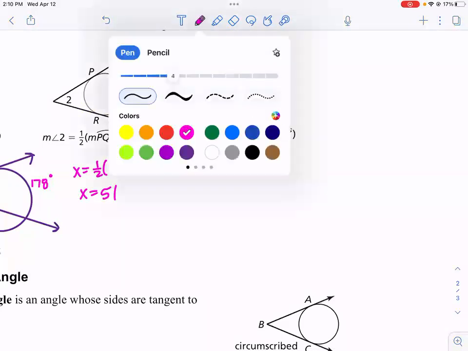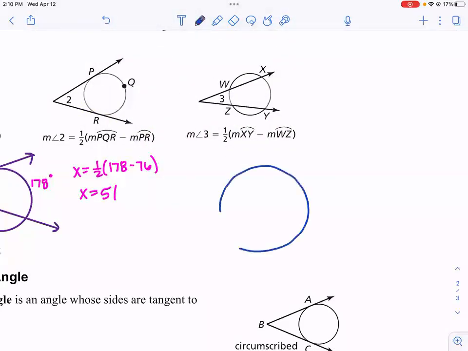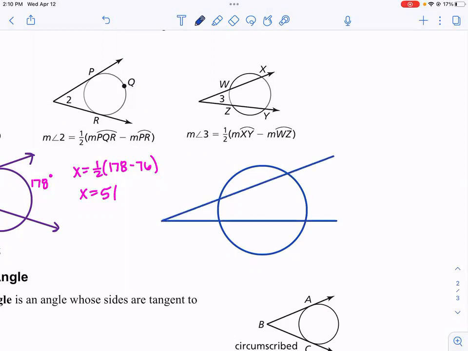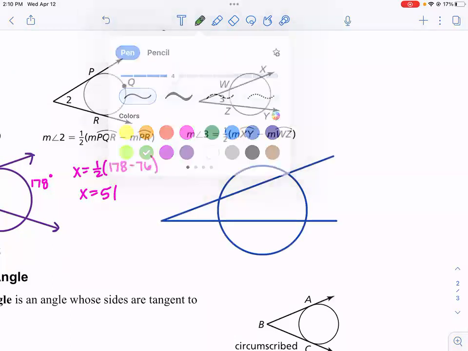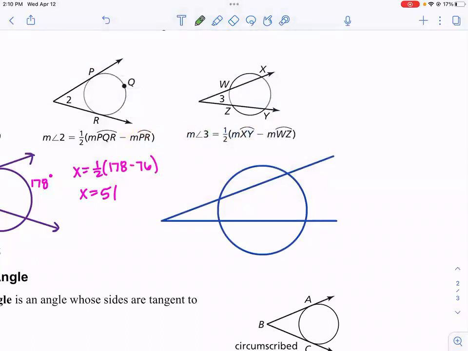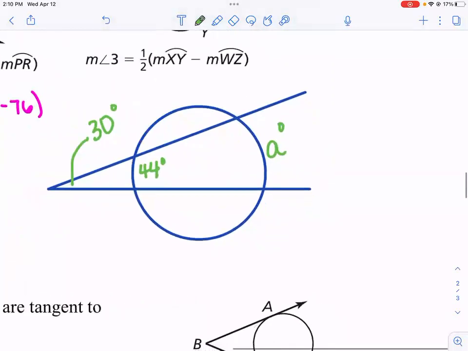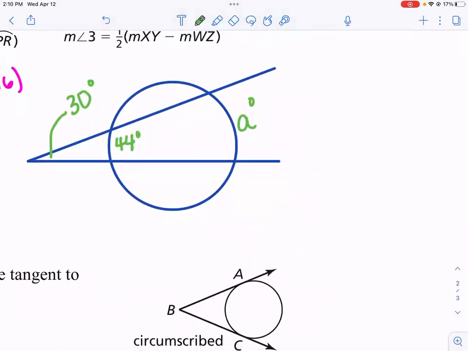Okay, now what about this picture? I want you to draw this with me. Okay, draw that picture for me.